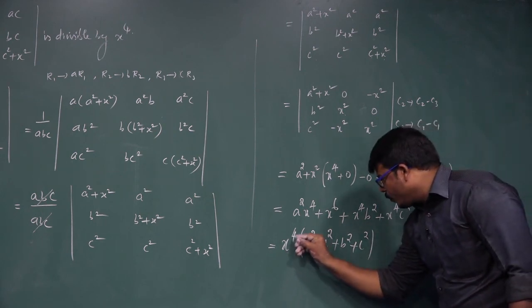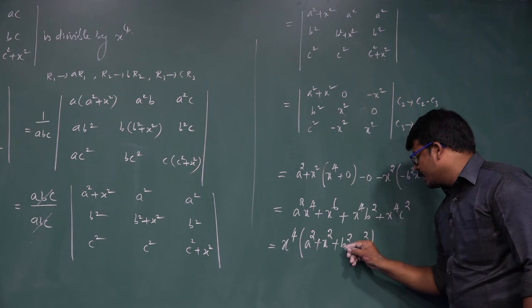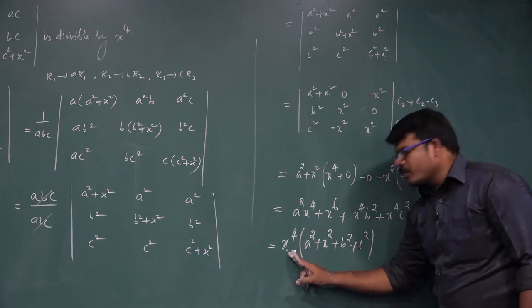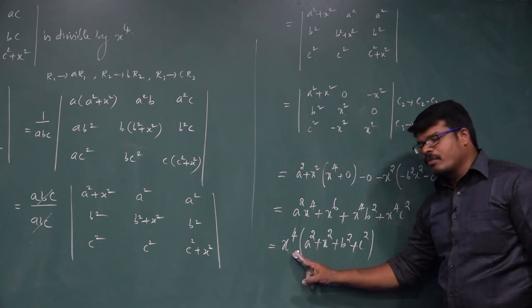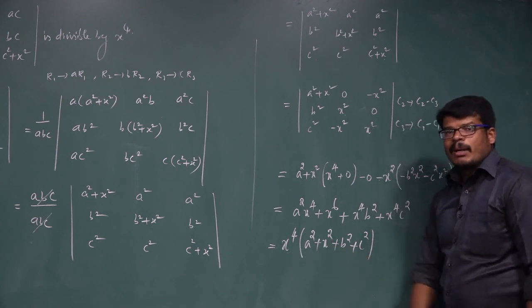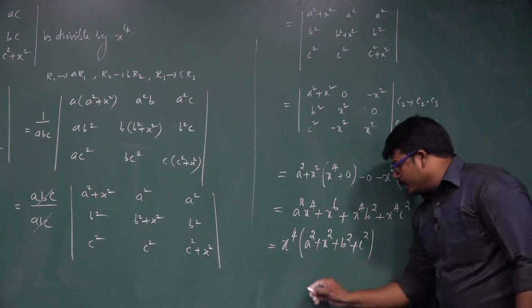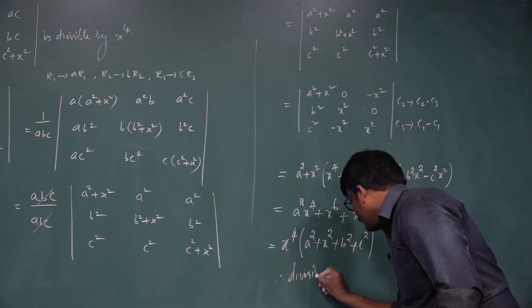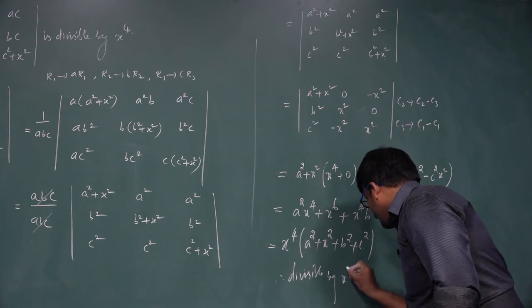This is a multiple of x power 4, and a multiple of x power 4 is also divisible by x power 4. Therefore, this value is divisible by x power 4.